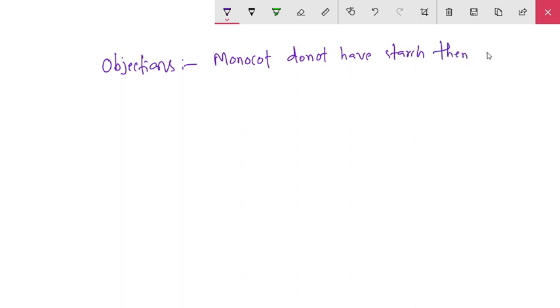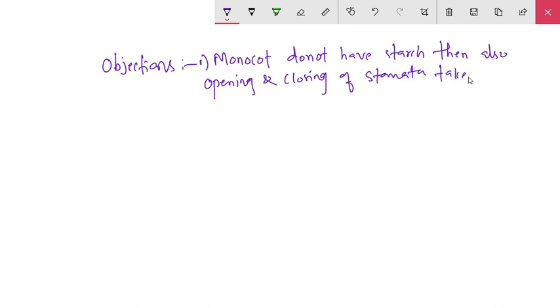This is the first objection: monocot stomata do not have starch, and still the opening and closing of stomata takes place.